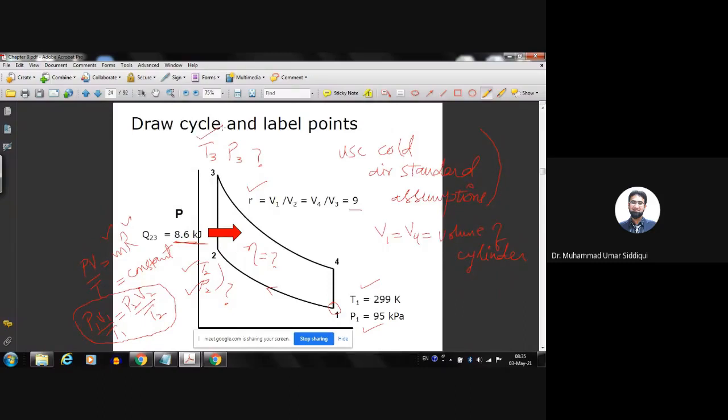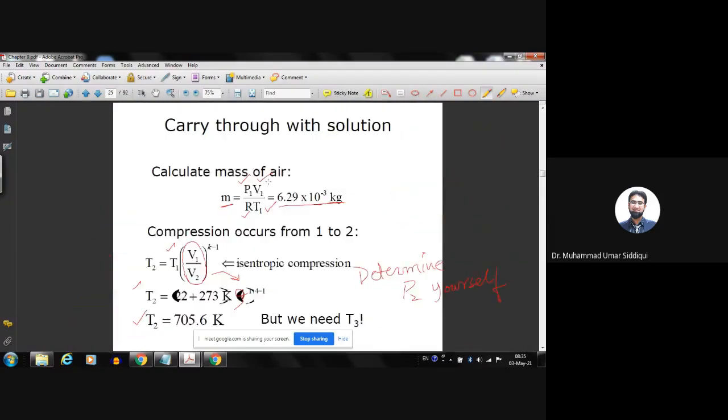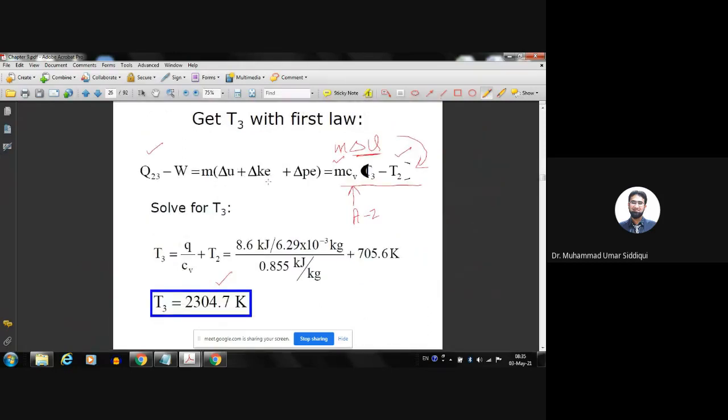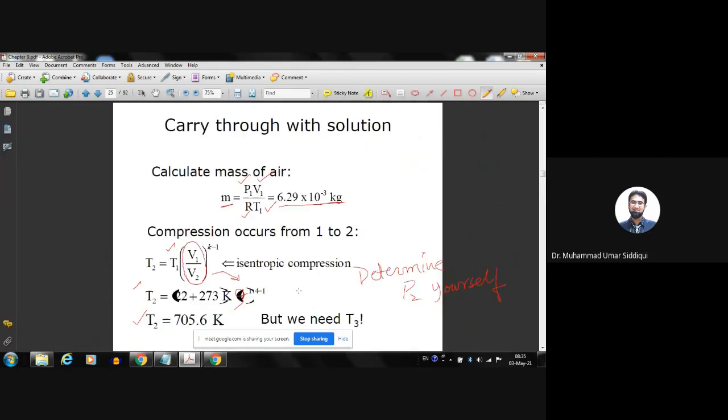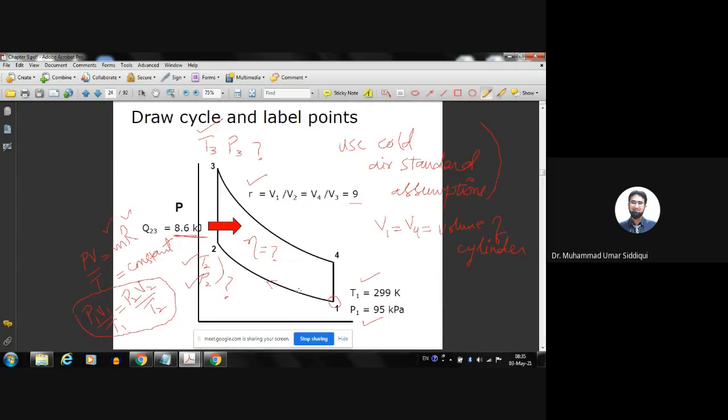The next thing is P3. It is not shown here how to calculate P3, but you can calculate it yourself. It's very simple. As I told you, the mass m is constant throughout the entire cycle, and R is also constant, so mR is constant, so PV by T is constant throughout the cycle.